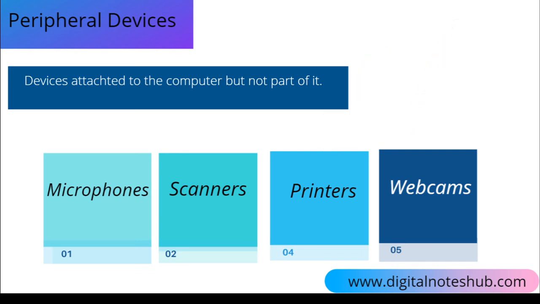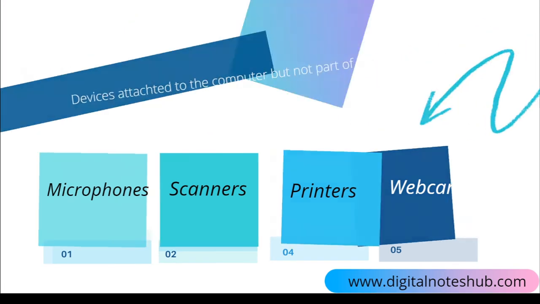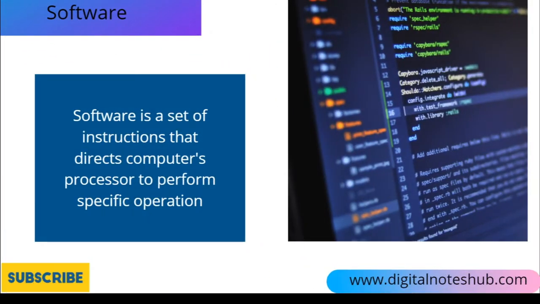Based on our requirement, we can attach peripheral devices to a computer, like printers, scanners, microphones, and webcams. Let's suppose you want to record your voice, so you can attach a microphone, which is a peripheral device, to a computer. Till now we have discussed the hardware components of a computer.